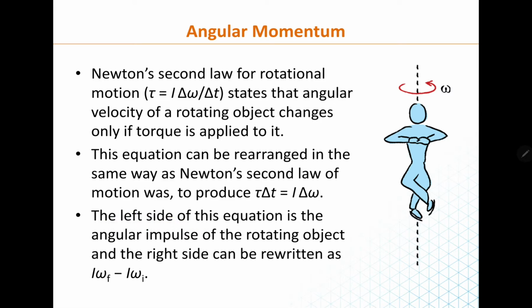The left side of the equation, torque times delta t, represents the angular impulse of the rotating object. And the right side, I delta omega, can be written as I omega final minus I omega initial.